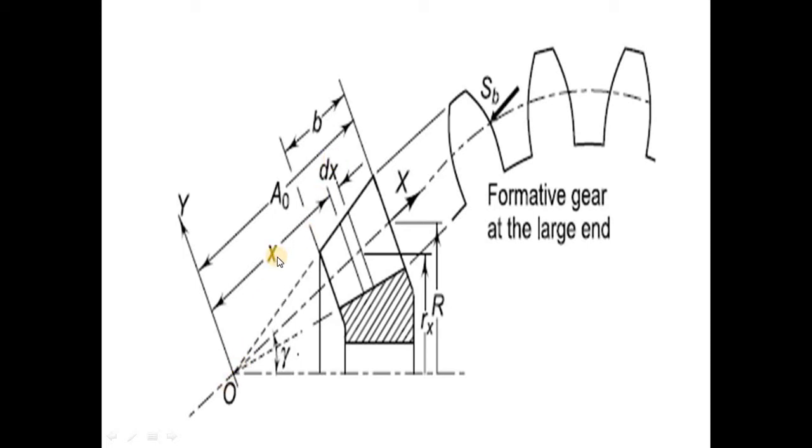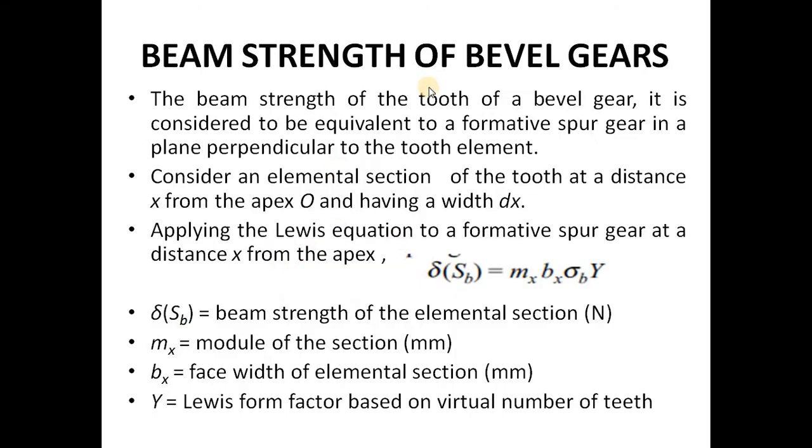Here, using Lewis's equation of the formative spur gear for the elemental section, we have the equation delta SB, because we consider the beam strength of the elemental section. The original formula is SB equals Mb sigma b Y, but for the elemental section of the formative spur gear, the beam strength is delta SB equals Mx Bx into sigma b into Y. Mx is the module of the section for that particular section, and Bx is the face width of the elemental section.